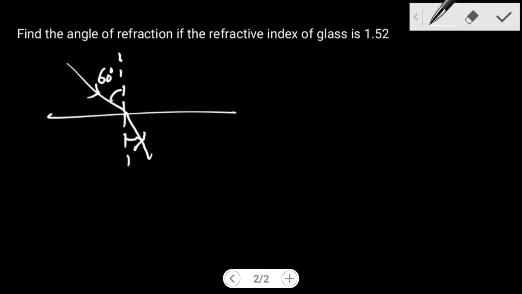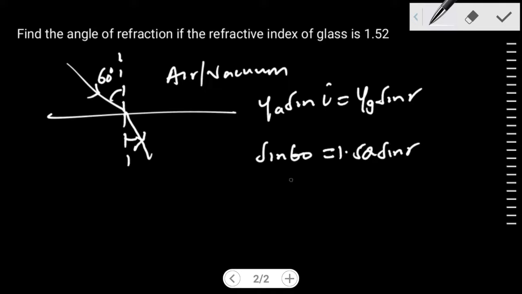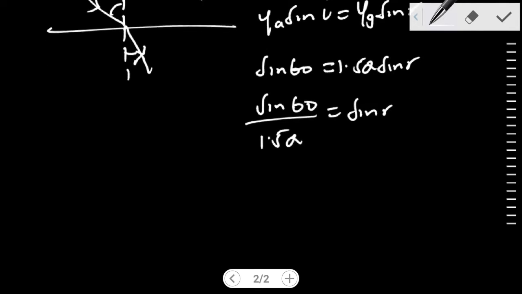From our formula, if this is taken to be air or vacuum, the refractive index of air times sine of I equals the refractive index of glass times sine of R. So this is 1, and sine of 60 equals 1.52 sine of R. Therefore sine of 60 divided by 1.52 is sine R.